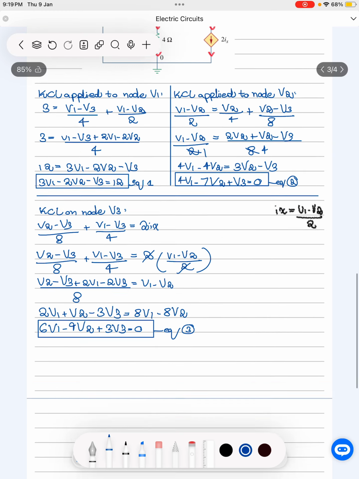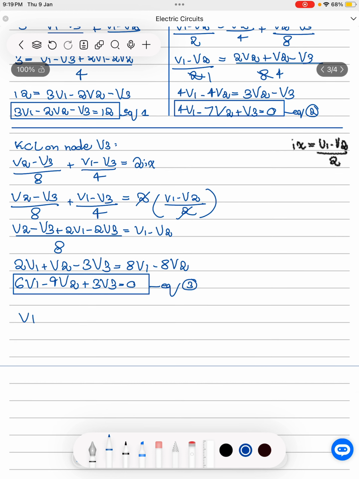Okay, now we have got the answers for the node voltages. V1 is 4.8 volts. V2 is 2.4 volts. V3 is minus 2.4 volts.